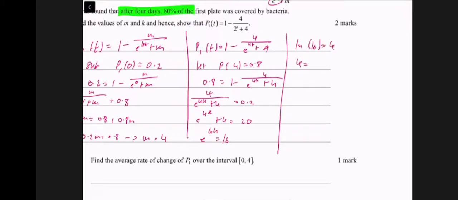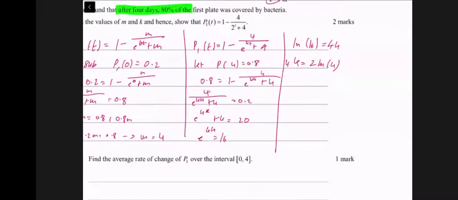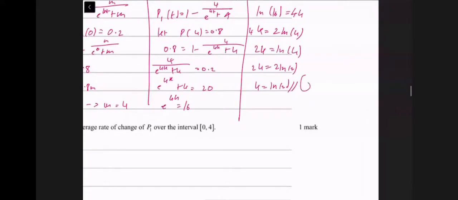So the 4 disappeared, it's 4k. So we know 16 is 4 squared, so 4k is 2 ln 4. So 2k is ln 4, but we know that 4 is 2 squared, so 2k is 2 ln 2. So k is ln 2. And you can sub this one.